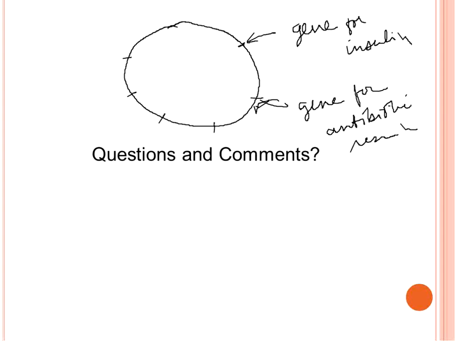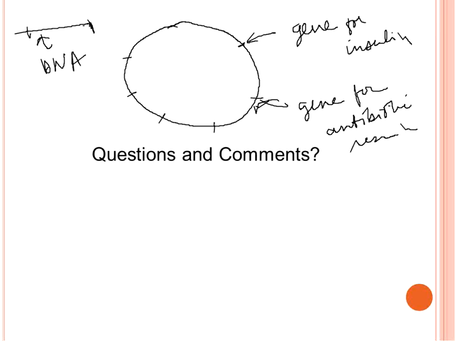Because you know the restriction sequence for each enzyme. So knowing your DNA molecule, what the DNA sequence is, you can tell if they use this particular enzyme, it's going to cut it here and here. If they use a different enzyme, it's going to cut it in different places, right?